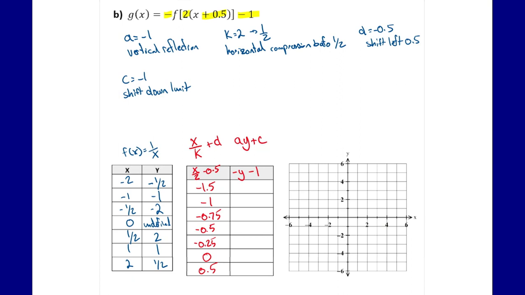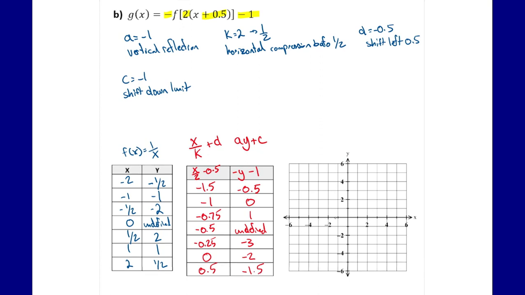And then on the y side, we have -0.5, 0, 1, undefined, -3, -2, -1.5. I can take all of those points and now plot them.